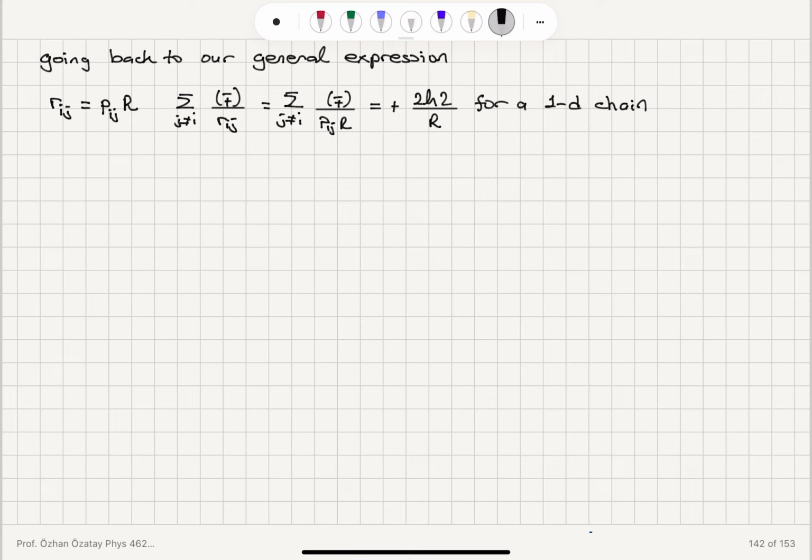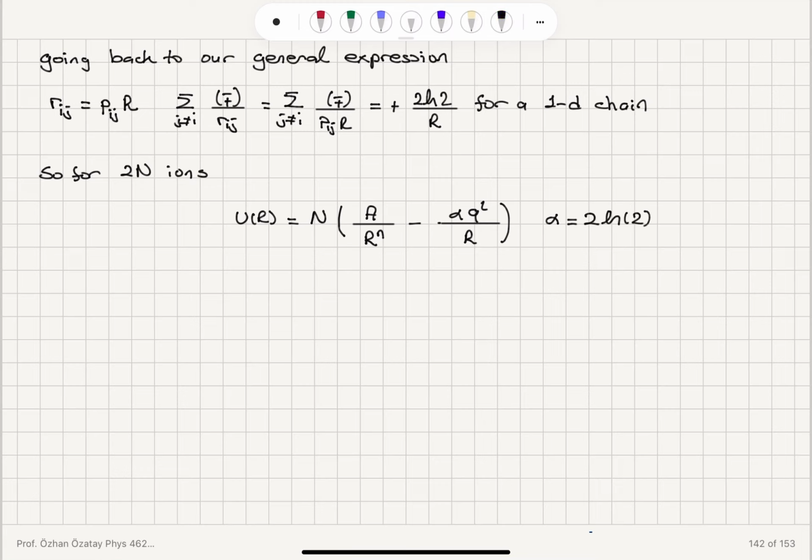So this implies that, for 2 capital N ions, we can write the potential energy U as a function of R, capital N times the repulsive potential A divided by R to the power n, and attractive potential minus alpha Q squared divided by capital R. Here we recognize alpha, the Madelung constant, to be 2 natural logarithm of 2.